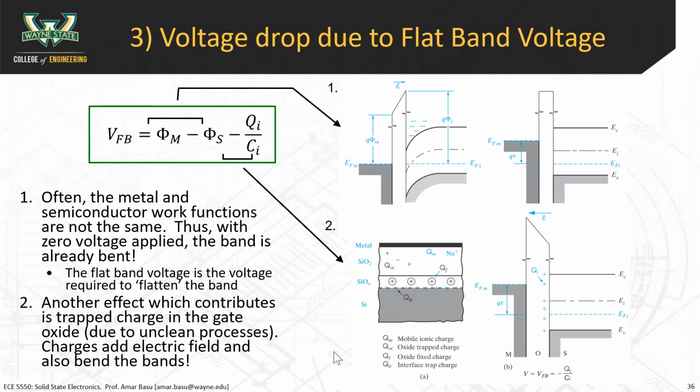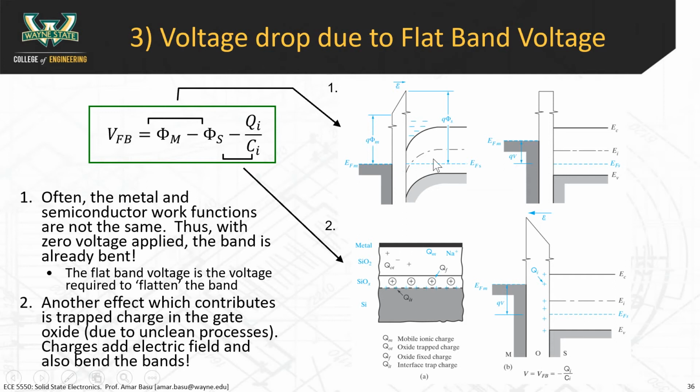Okay, so the third thing is the voltage drop due to the flatband voltage. So you have your energy band diagrams here, some of the stuff that you've seen earlier, and one of the things that we talked about in class last time is that phi m is not necessarily equal to phi s, as was shown in the first energy band diagram that we showed.